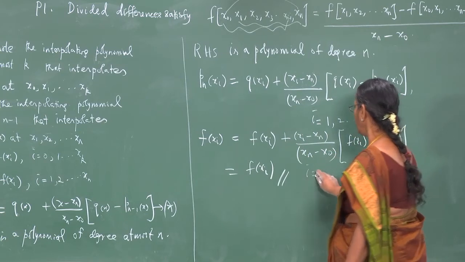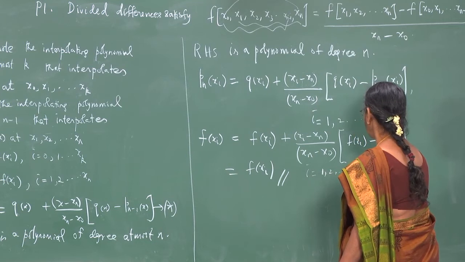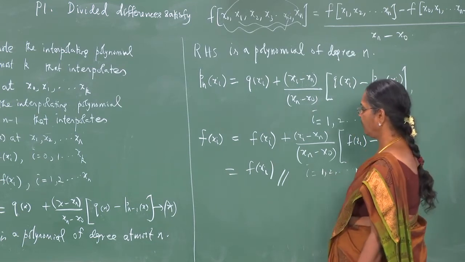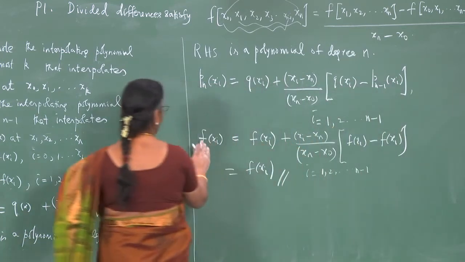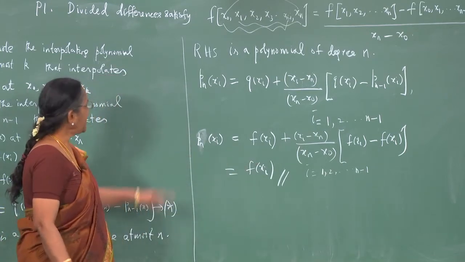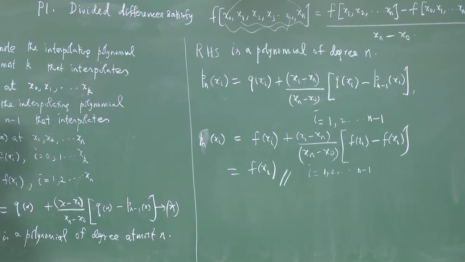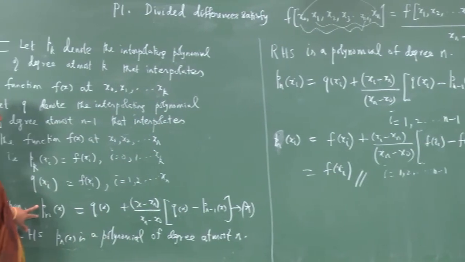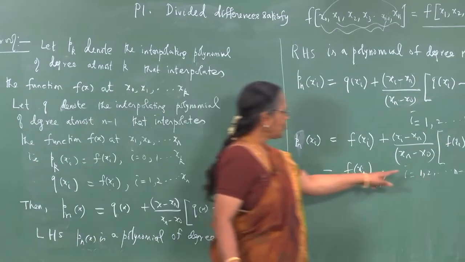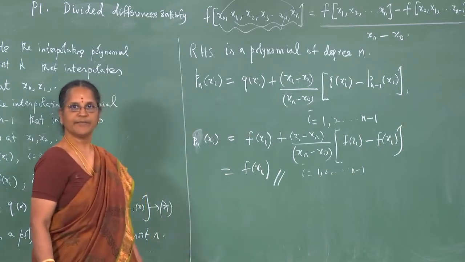For what values? i equal to 1, 2, 3, etc. up to n minus 1. Or I can write this as Pn of xi itself. So, Pn of xi is f of xi. So, the polynomial that we have written has the property that at x1, x2, etc. xn minus 1, it interpolates the function.